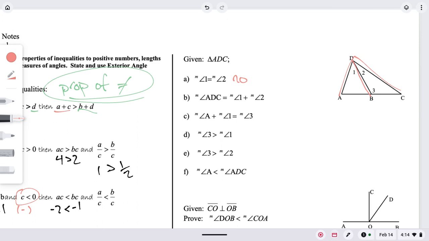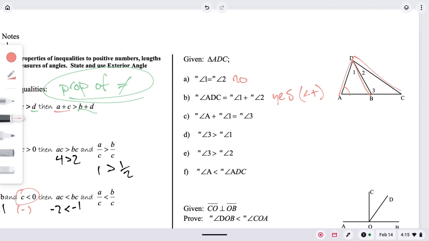So on the second one, on B, 1 plus 2 is definitely equal to ADC, because that's just angle addition, right? We don't need a reason right now, but later in a proof, you just call that angle addition because that's what it is, right? Otherwise, A plus 1 is equal to the measure of angle 3.